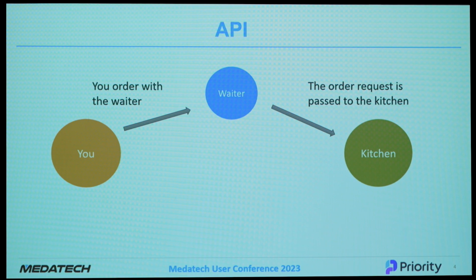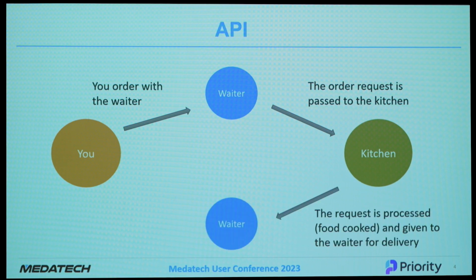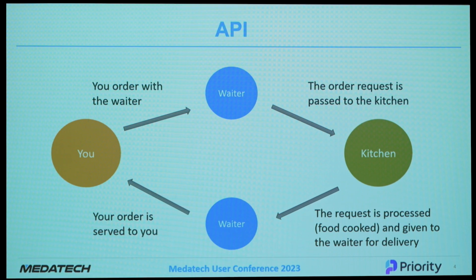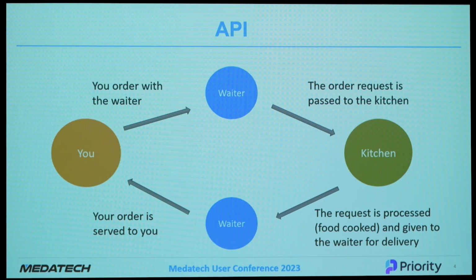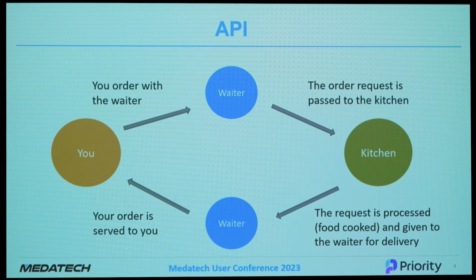The kitchen takes that request, prepares some food, gives it to the waiter who takes it back to you. Instead of food in this situation, think of that as data. So the API is dealing with requests for data and processing that. Instead of you and the kitchen, it's going to be a server and a customer or an application on each side here.